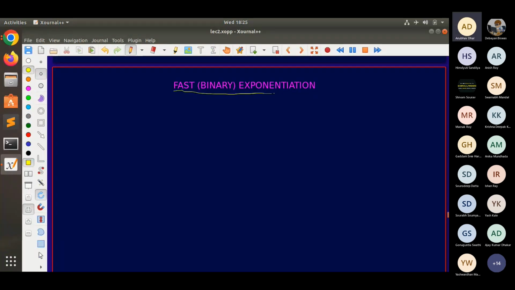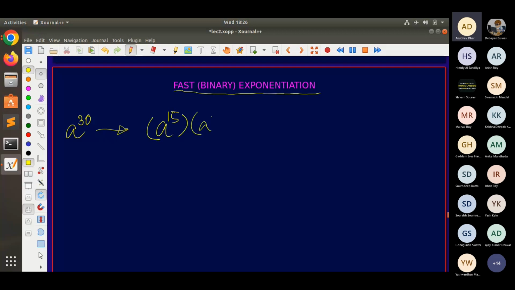So the main logic behind fast exponentiation is that you keep squaring and multiplying it with e if you are needing. So for example, to calculate e to the power 30, what you do is you write this in the form e to the power 15 whole squared.